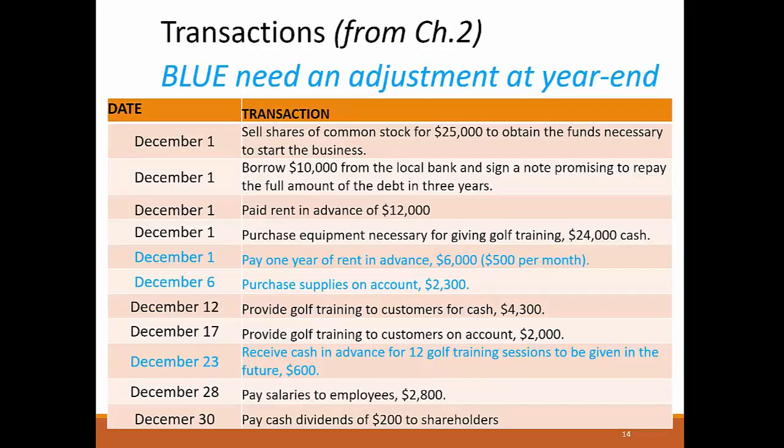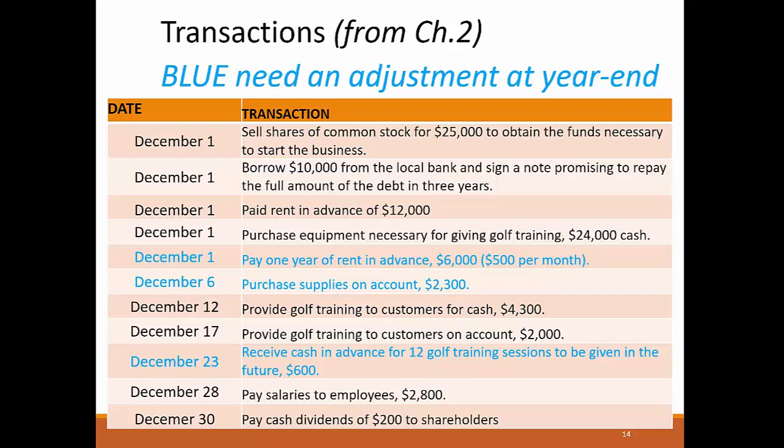All right. So these transactions are actually from the PowerPoint in Chapter 2, and I've just put in blue what the adjustments are that are required at the year end. So for example, on December 1st, when they paid 1 year of rent in advance for $6,000, then on the 31st of December, how much rent have they actually used?